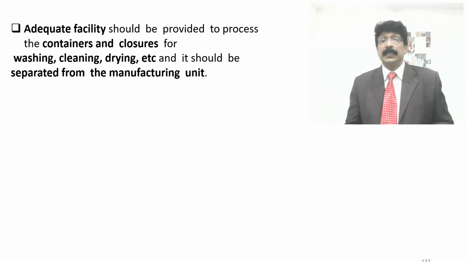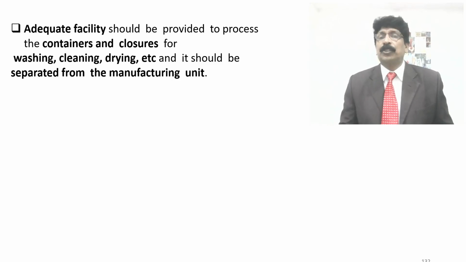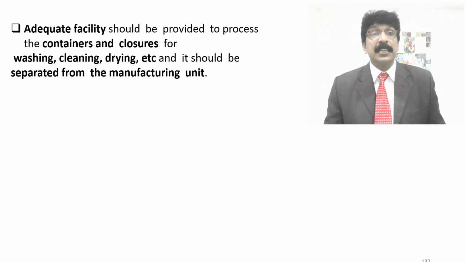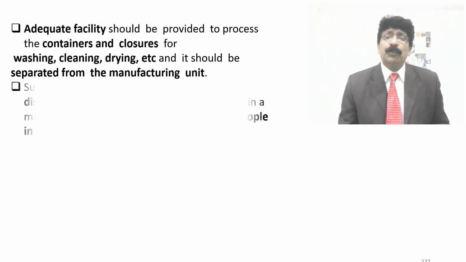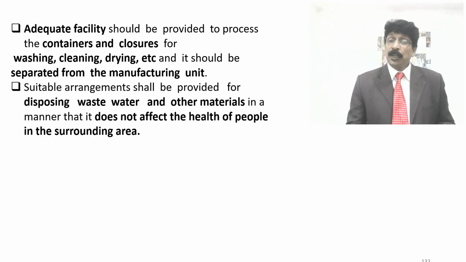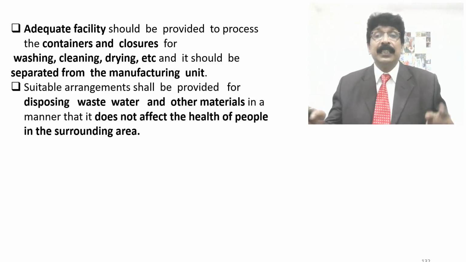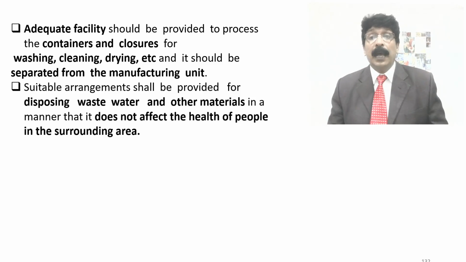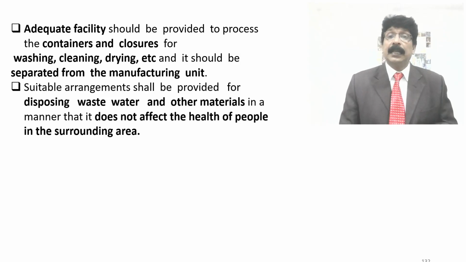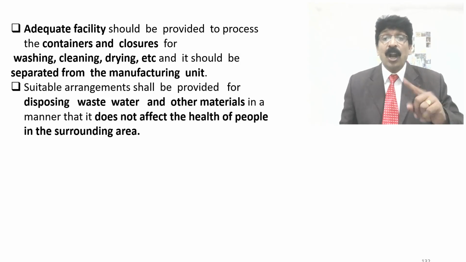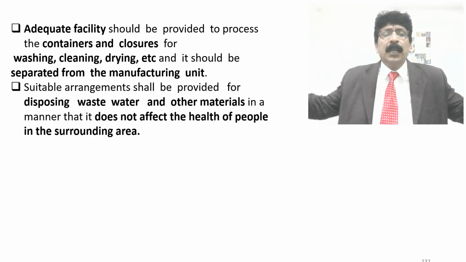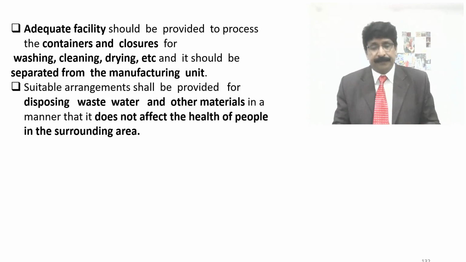A separate area should be given for containers and closures, and it should be separate from the manufacturing unit. Suitable arrangements shall be provided for disposing of wastewater and other materials in a manner that does not affect the health of the people in the area surrounding your manufacturing unit.